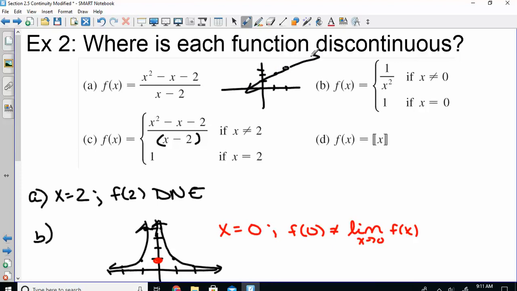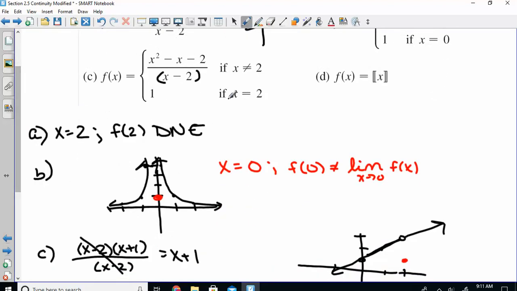It's removable because the thing creating an issue is just one spot on the graph, and that could be fixed if we just filled in that circle. Then it would be continuous. So A and C are called removable. We could fix them if, for instance, on part C, it was defined to be 3 when x equals 2. Then that would make that a closed circle on the graph, and then it would have been continuous.